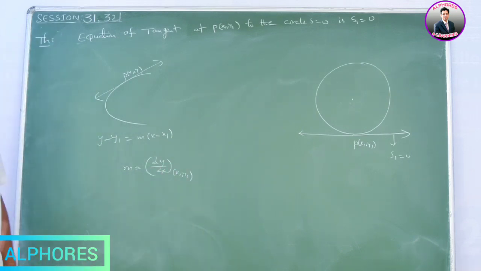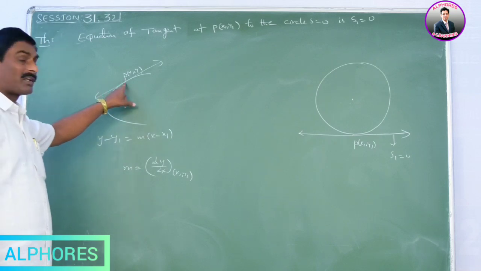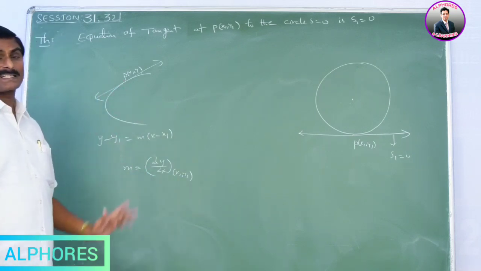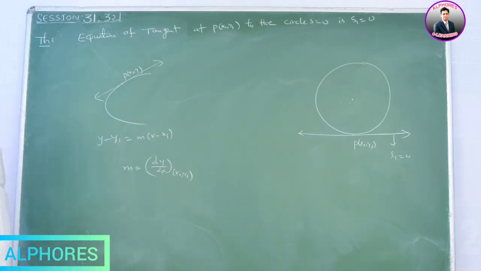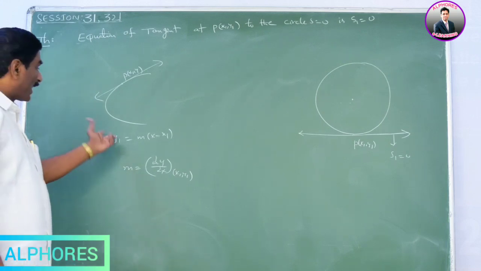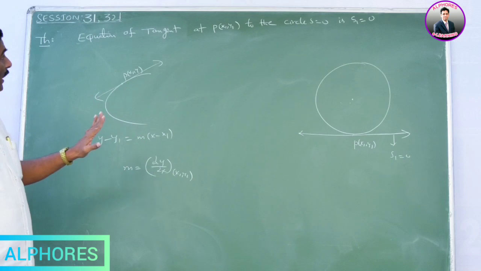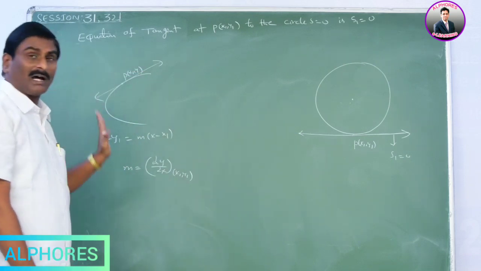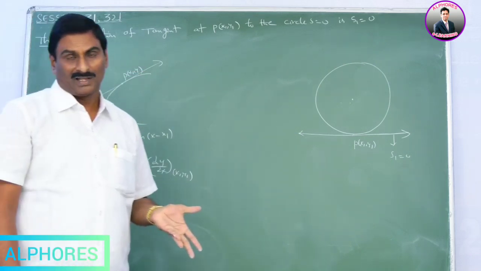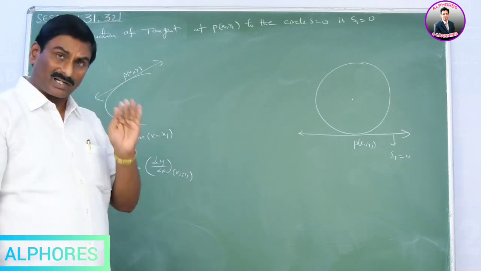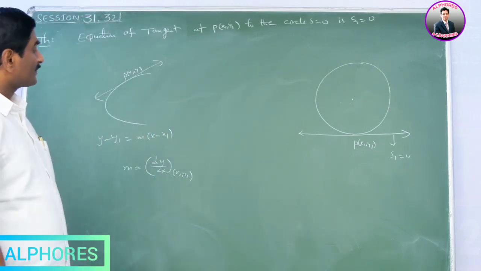By using the derivative concept, the slope of the tangent at a particular point on the curve is dy by dx at (x1, y1). Slope point form: y minus y1 is equal to m into x minus x1. In this case also, we prove this by using the derivative method. The alternative, second method we will discuss later.